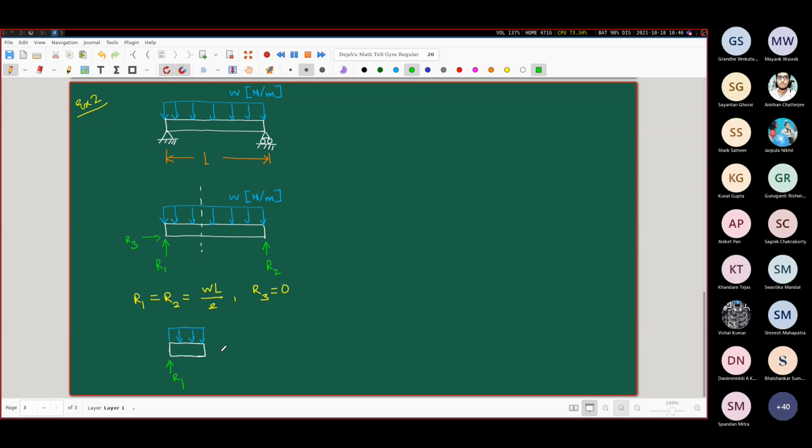And of course, you are going to have the usual internal loads. This is the shear force and this is the M. And from this free body diagram, you can determine the expression for the M.